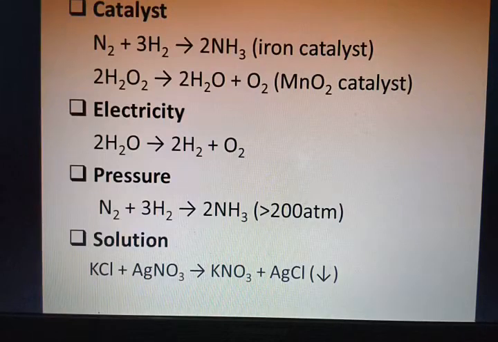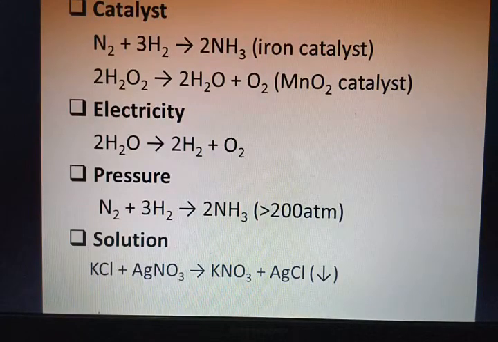The next is pressure. A similar example is Haber's process. This is a very fine example because the role of pressure here is undoubtedly important. Nitrogen is an inert gas, and hydrogen, though it's an inflammable and a bit reactive gas, cannot burn in an environment of nitrogen.